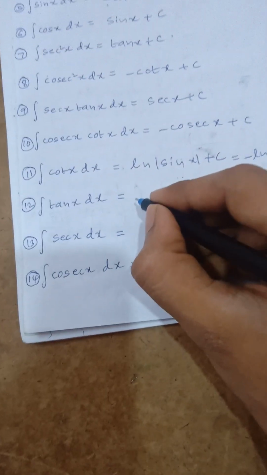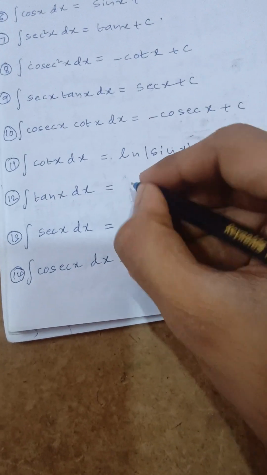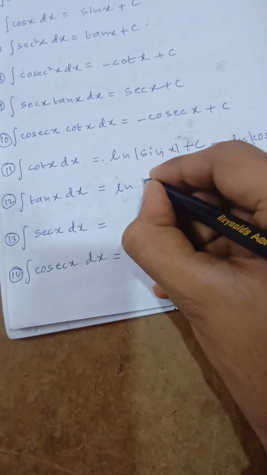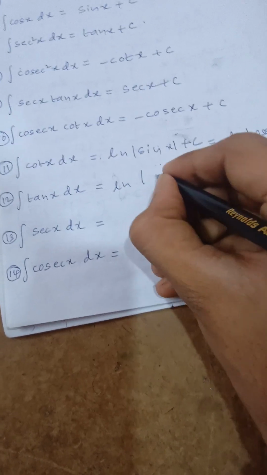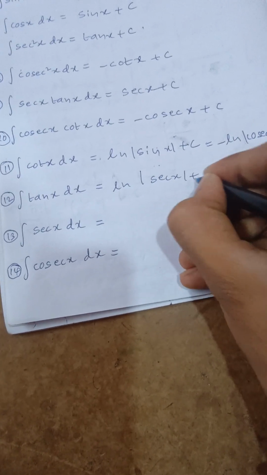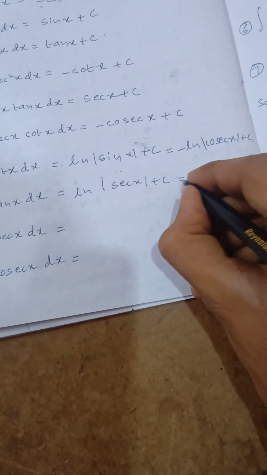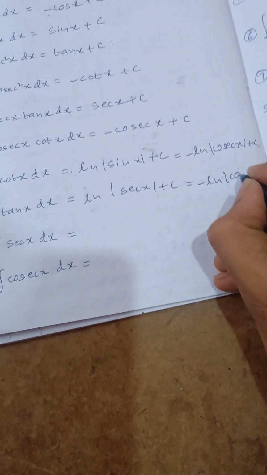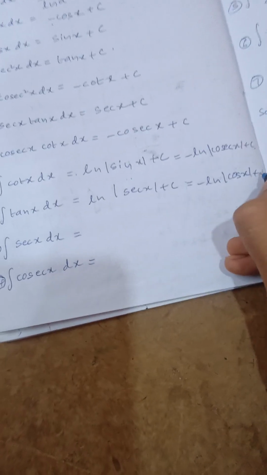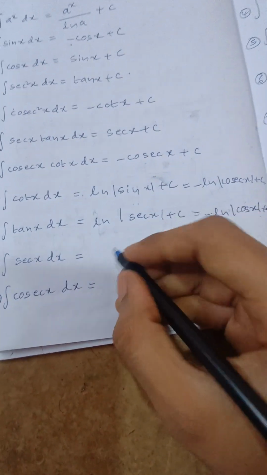Similarly, integration of tan x is ln mod secant x plus c, otherwise minus ln mod cos x plus c. C is the constant of integration.